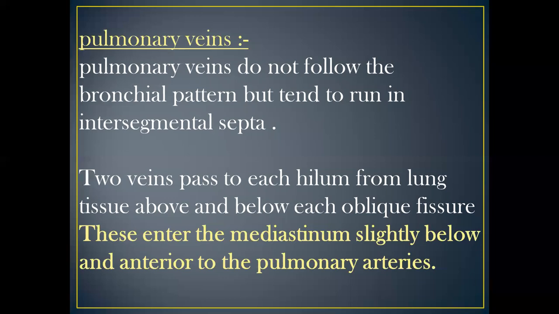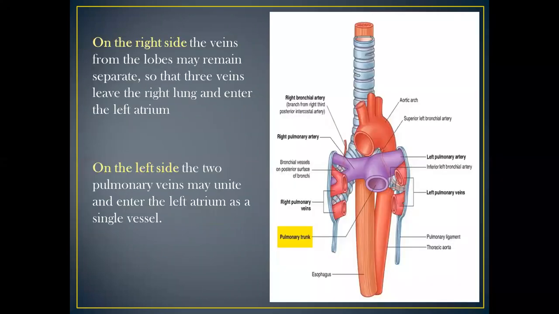They enter the mediastinum below and anterior to the pulmonary arteries. On the right side, we have three pulmonary veins that usually enter the left atrium separately, while on the left side, we have two veins which usually unite to enter as a single vein into the left atrium.